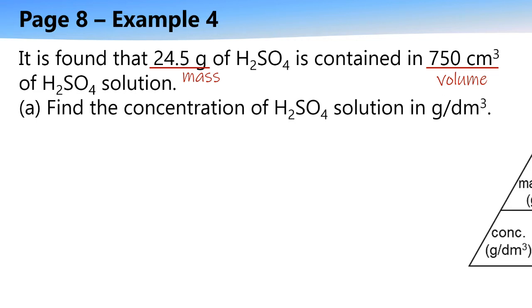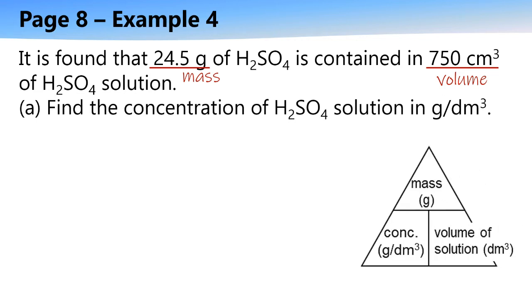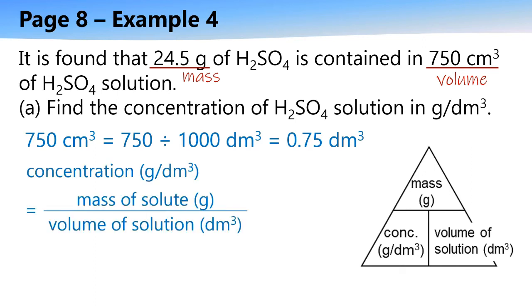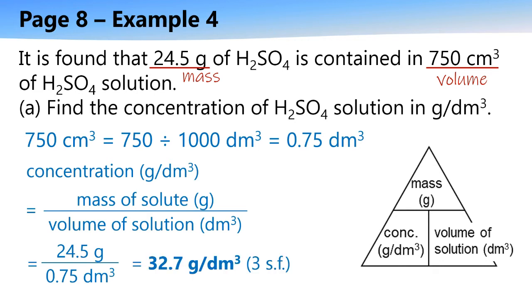To find the concentration, it will be mass over volume. Once again, this is given in cm3, so I need to convert to dm3. The concentration will be the mass over volume, 24.5 divided by 0.75, and I'll get 32.7 grams per dm3, after rounding off to 3 significant figures.